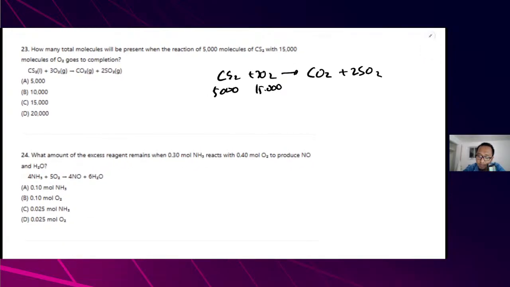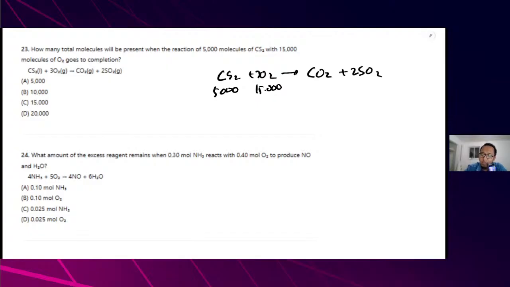How many total molecules will be present? Over here, the ratio is kind of the same, right?